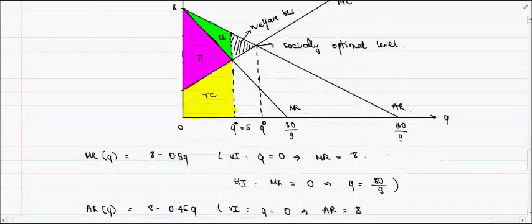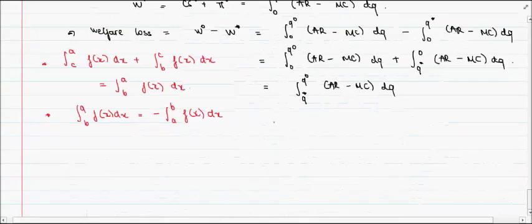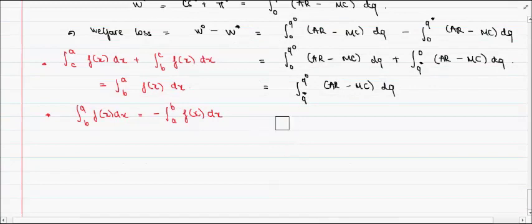In order to find the value of this area, it's basically a triangle, so it's going to be half of the height times the base. Or you can just use the formula over here, where I already have q star. The thing I have to do is to find q0. So q0 is going to be the intersection between the average revenue and marginal cost curve.